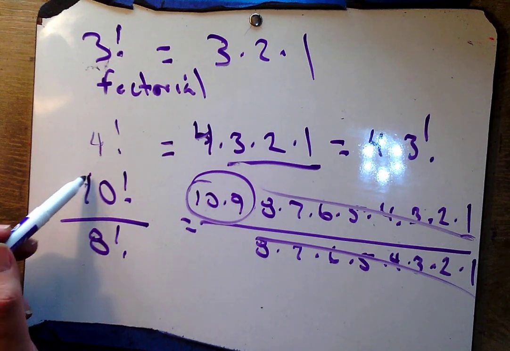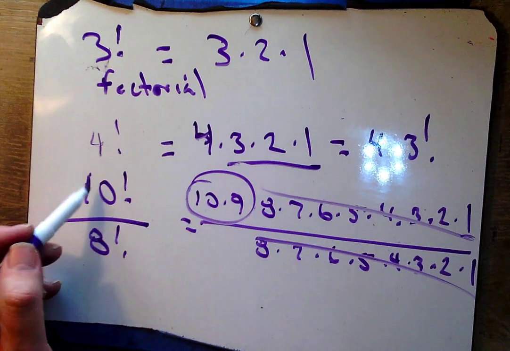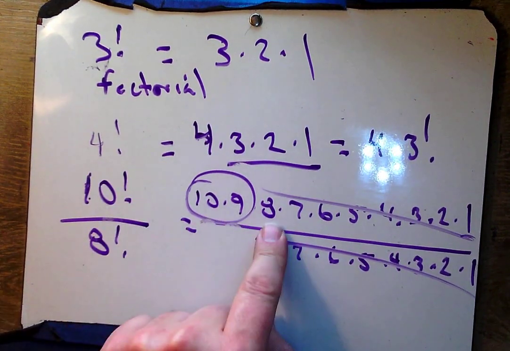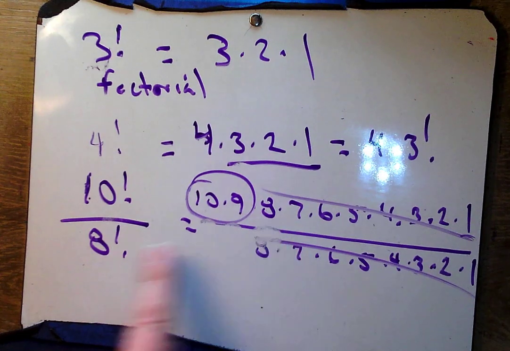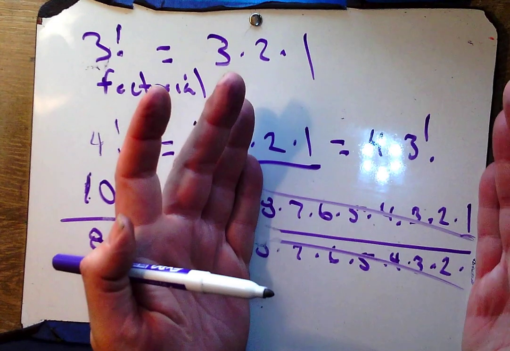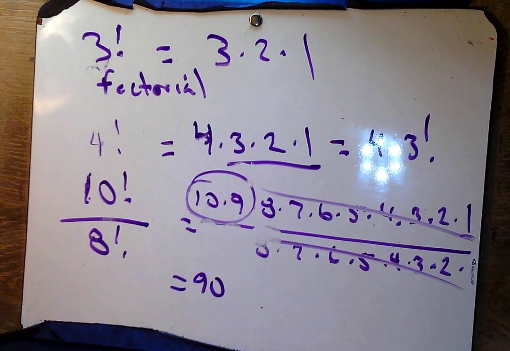And so I'm thinking that I could start taking the bigger one and breaking it down. But as soon as I get to that, I could stop because then they're the same and I just throw it away. So my answer here is 90.